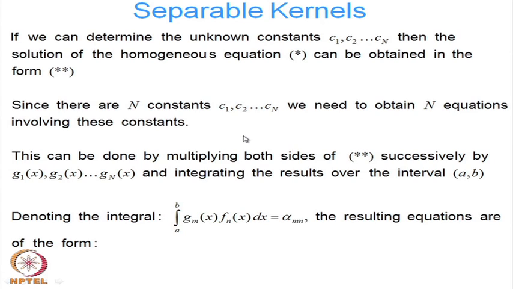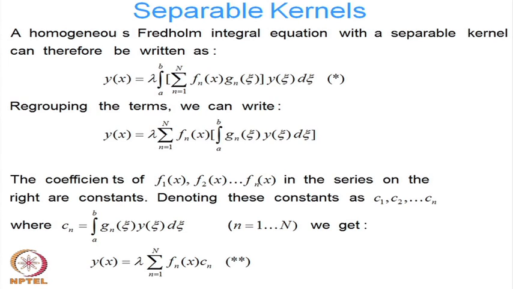Since there are n constants C_n, we obviously need n equations to evaluate those n constants, and we do that by multiplying both sides of this equation successively with each of the g's.